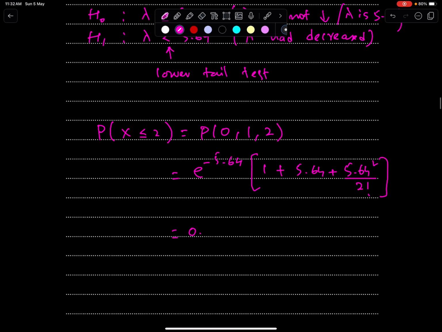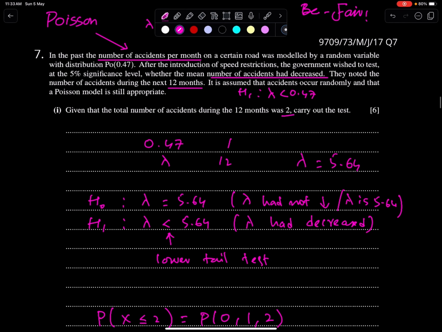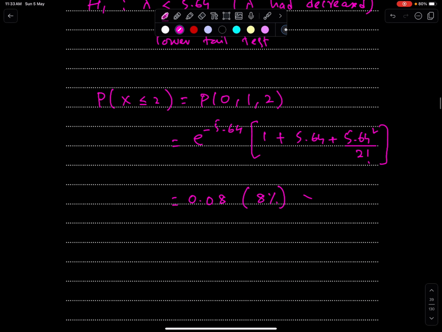And this 8% is greater than the alpha percent, which is 5%.